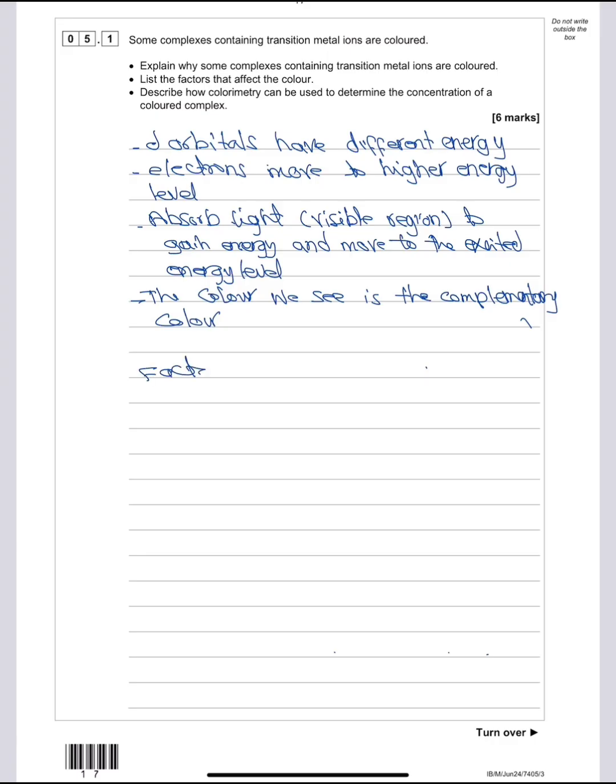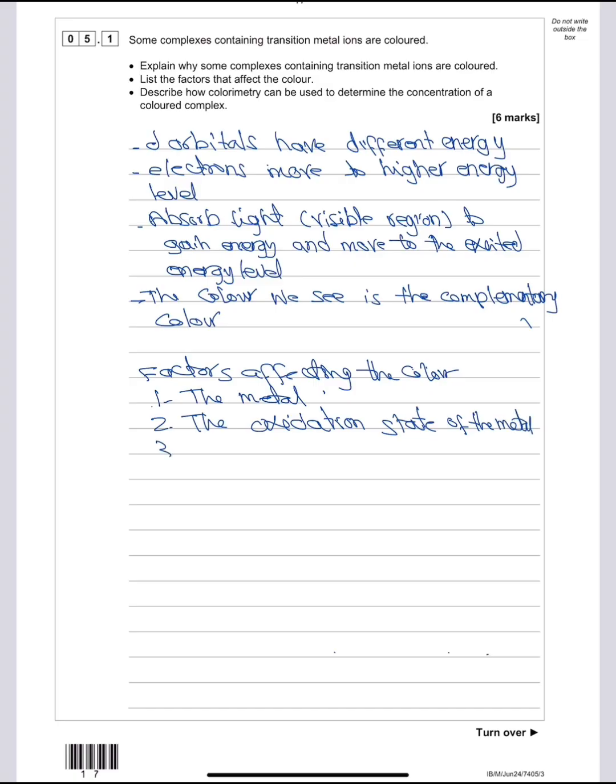There are 4 factors affecting the colors. The first one is the metal ion itself, or the metal in general, and then the oxidation state of the metal, and then the coordination number, and finally the ligand itself.